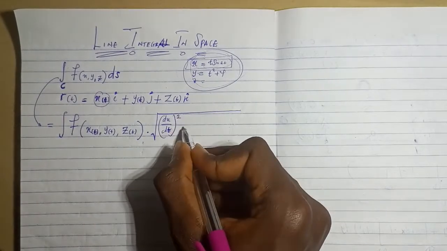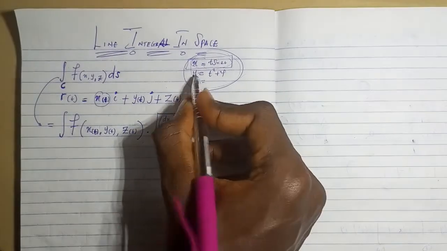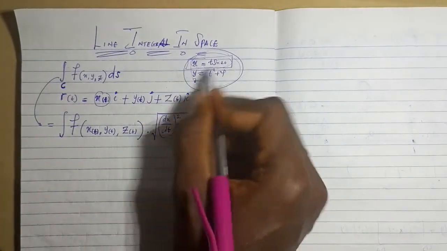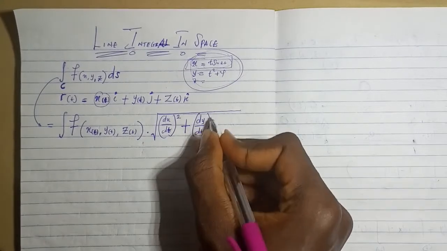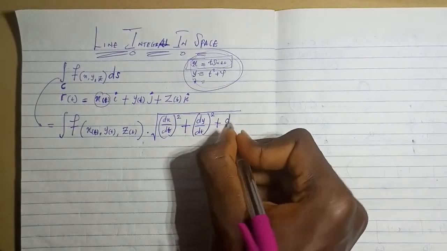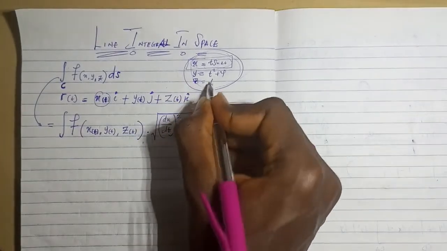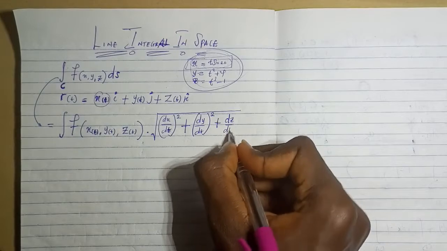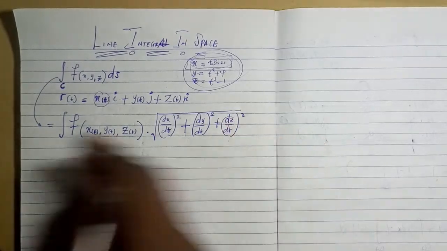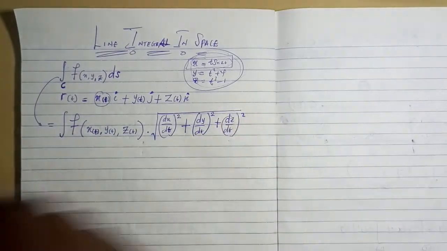Are you listening? Then you add it with y: take the parametric equation given to you for y, differentiate it with respect to t, and then square the result. At the same time, take the parametric equation for z given to you, let's say t cubed minus 1. Differentiate that z with respect to t, and square the value. Then evaluate this expression and break it down to get a final answer.